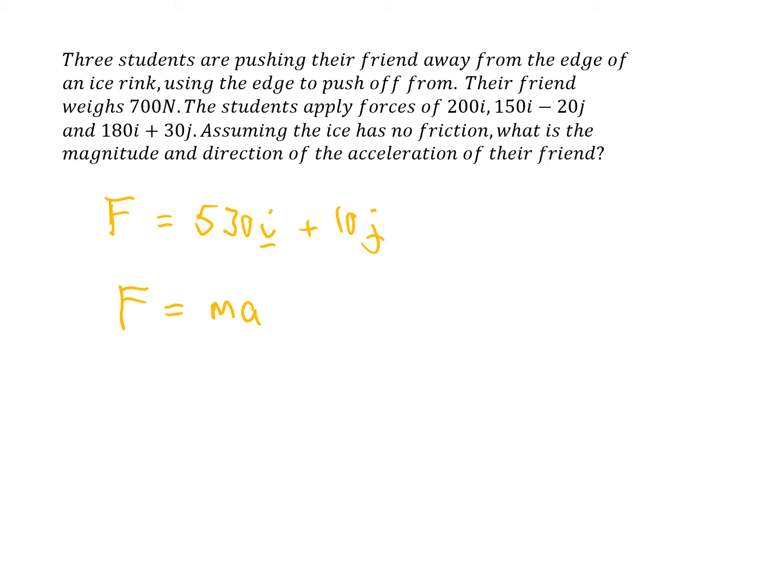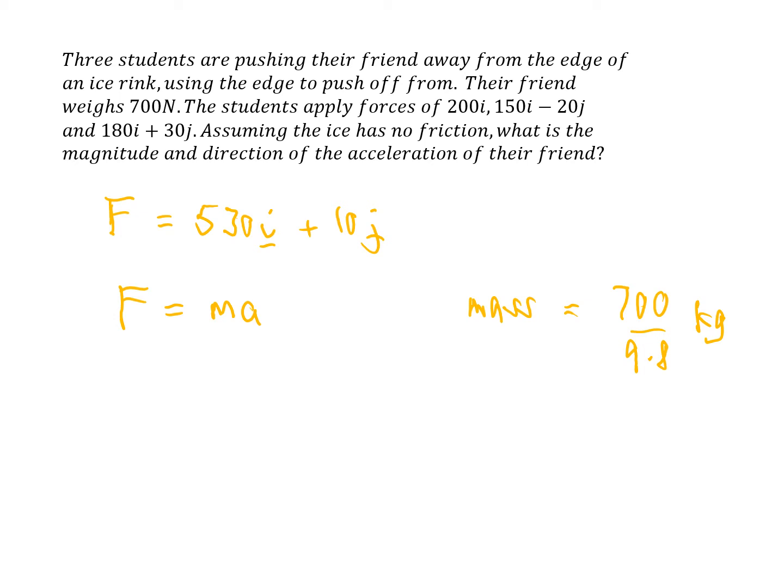We're told that the friend weighs 700 newtons, so if we take the acceleration due to gravity to be 9.8, then the mass of the friend is 700 over 9.8 kilos.